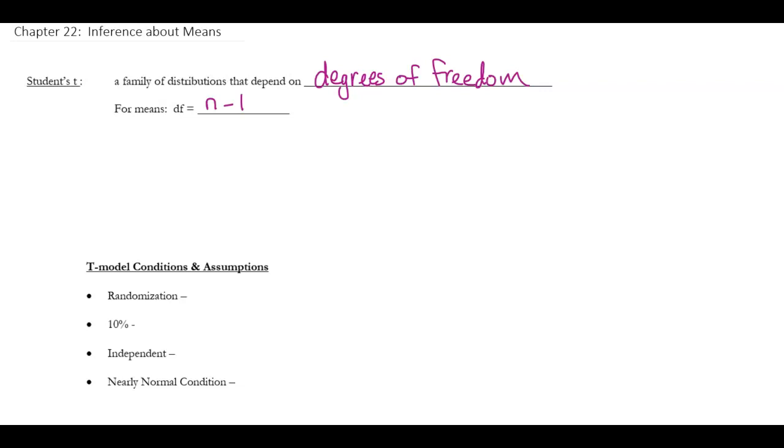There are some things we want to remember about the student's T. The first one is the smaller the sample is, the fatter or thicker the tail is.